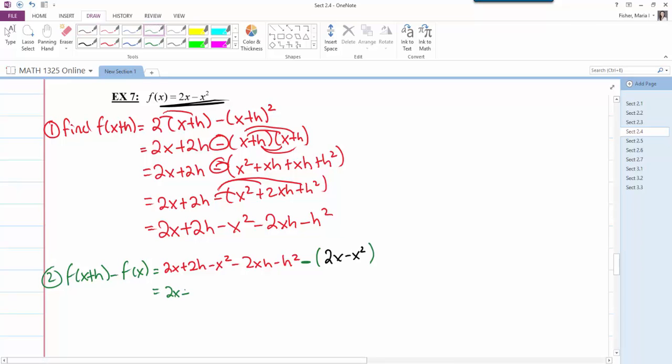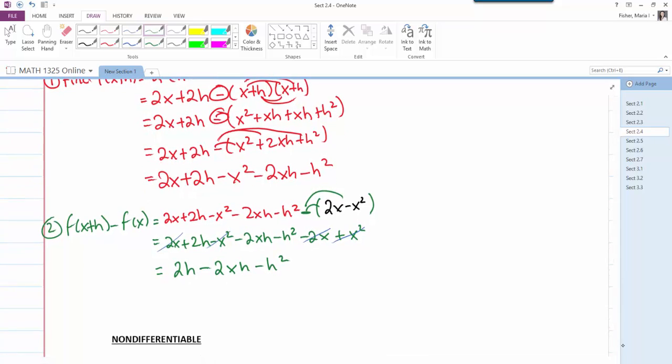Distribute my negative there. I end up with negative 2x plus x squared. Combine like terms. Let's see what cancels. Well, my 2x's will cancel, and my x squareds would cancel. So I'm just going to be left with a 2h minus 2xh minus h squared. Now we want to put this all over h.